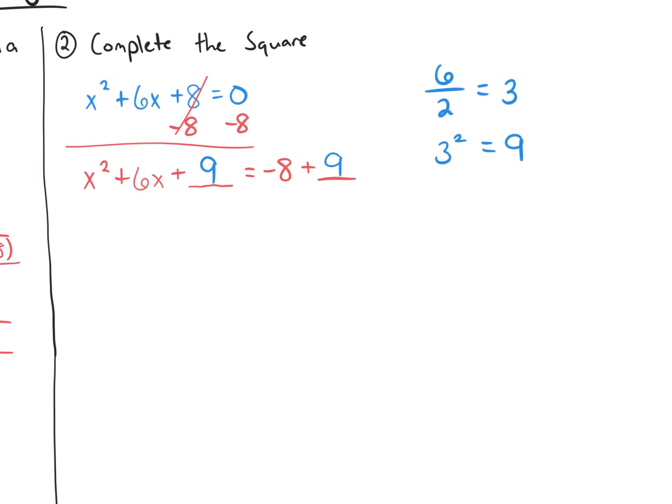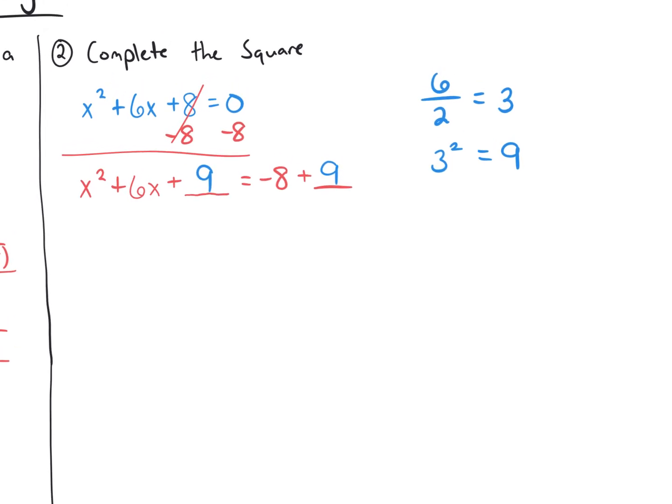Okay. Now let's just clean it up a little bit. On the left side, we have x squared plus 6x plus 9 equals negative 8 plus 9, which is 1. Now we're at the factoring step. Okay, so looking at that left side, let's talk about the long way first. We want factors of 9 that add up to 6. 3 and 3, right?